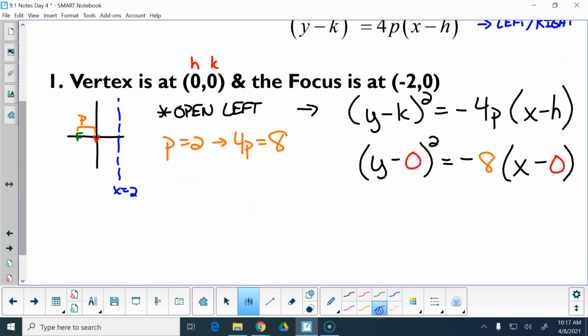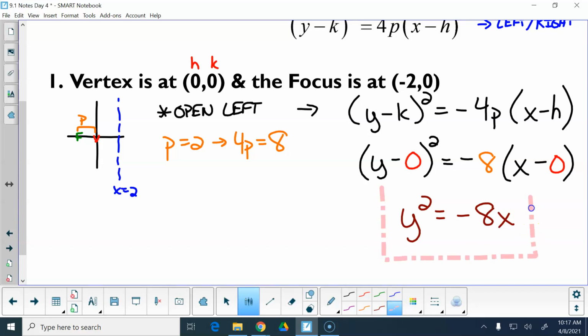So this final answer would be y squared equals negative 8x. And that would be the equation that has a vertex at the origin and a focus at negative 2, 0. Questions on that?